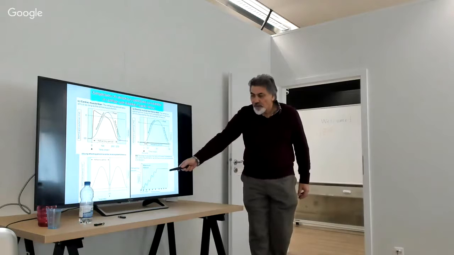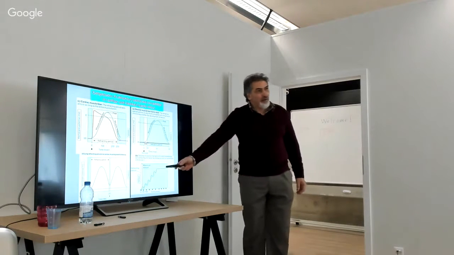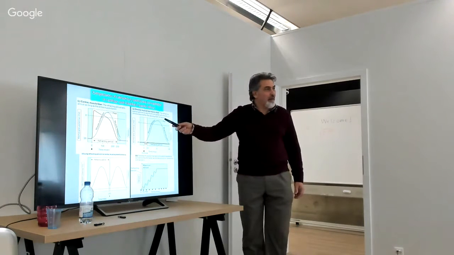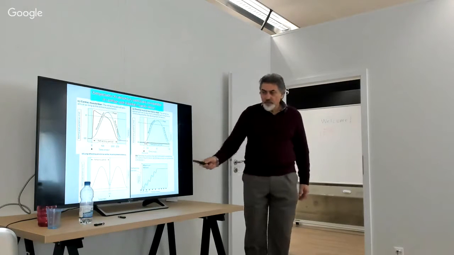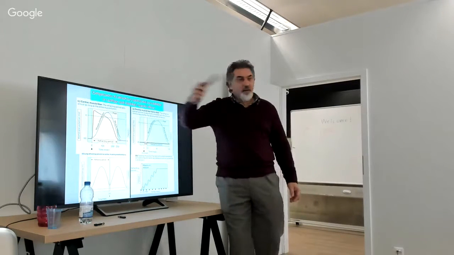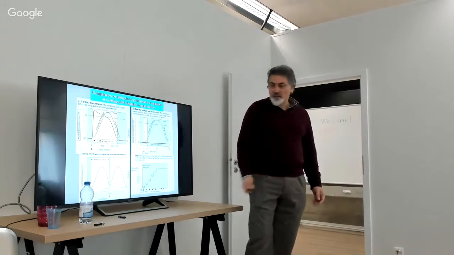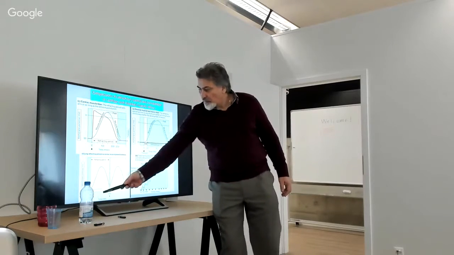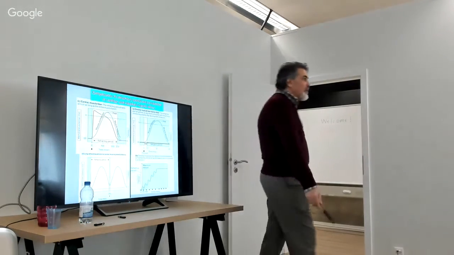You can obtain a fused tetanus in the skeletal muscle. Not in the heart. In the heart, if you stimulate in this moment, it's in the refractory period. You cannot.